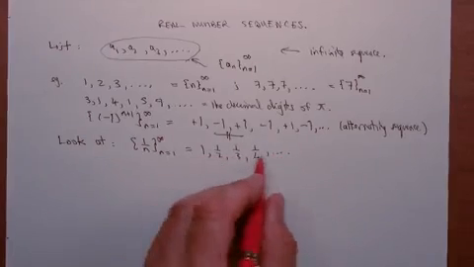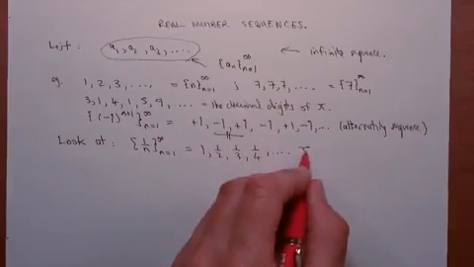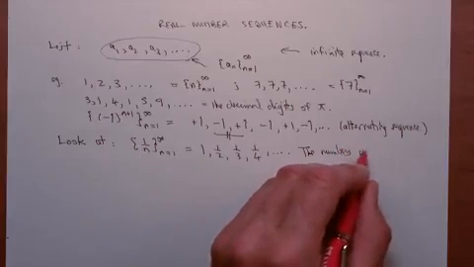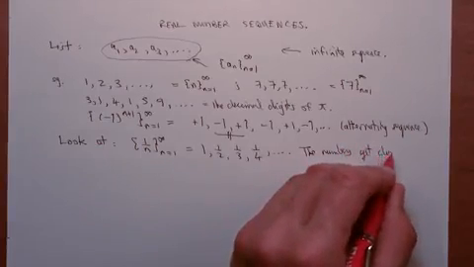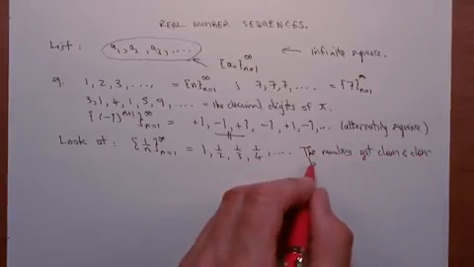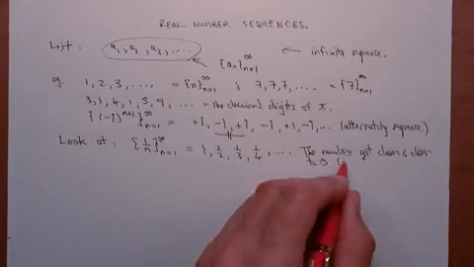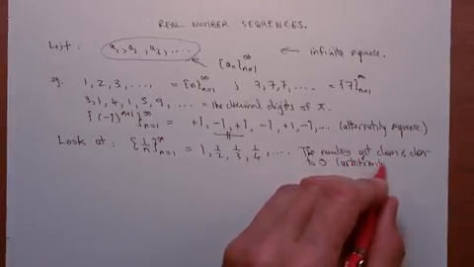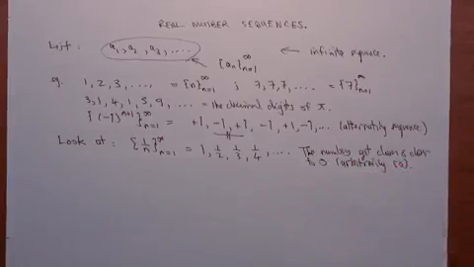And the thing to notice about this is that the numbers get closer and closer to 0. In fact, they get arbitrarily close to 0.